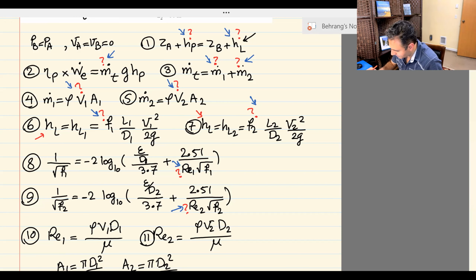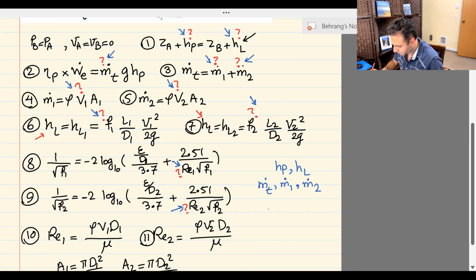If I want to make a list of my unknowns, the unknowns apparently are the value of HP, that's unknown. Value of head loss is unknown. Head loss 1 equals head loss 2, doesn't matter. So m dot total, right? M dot 1, m dot 2, these are unknowns. Then V1 and V2.